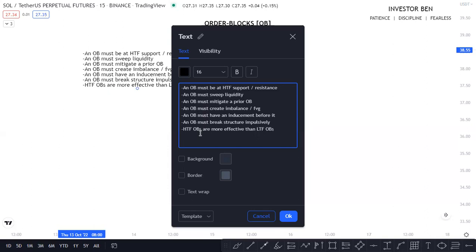Now, this last one doesn't mean that lower time frame order blocks don't hold at all. But we'll get to them. So higher time frame OBs are more effective than lower time frame OBs, right?